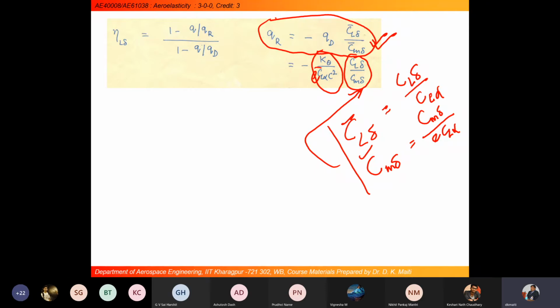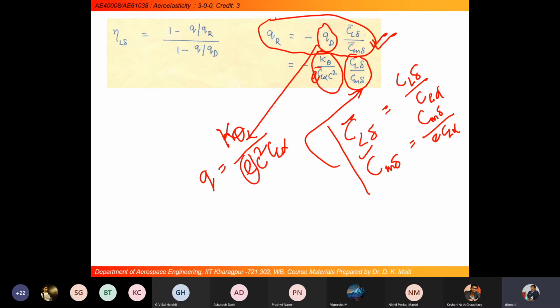So e will be cancelled from this equation, where Qd we know is K theta divided by e c square Cl alpha. So the e will be cancelled.